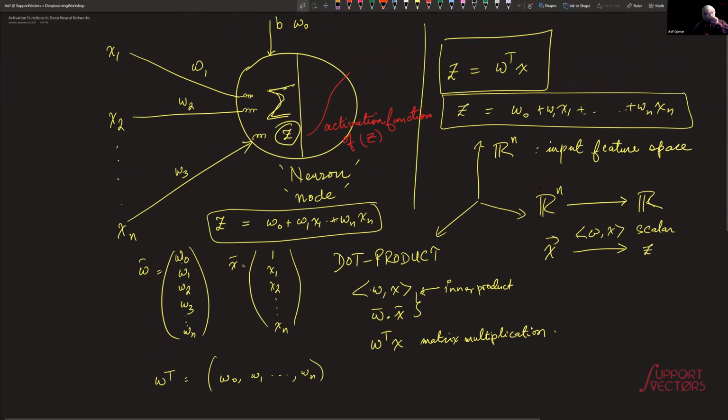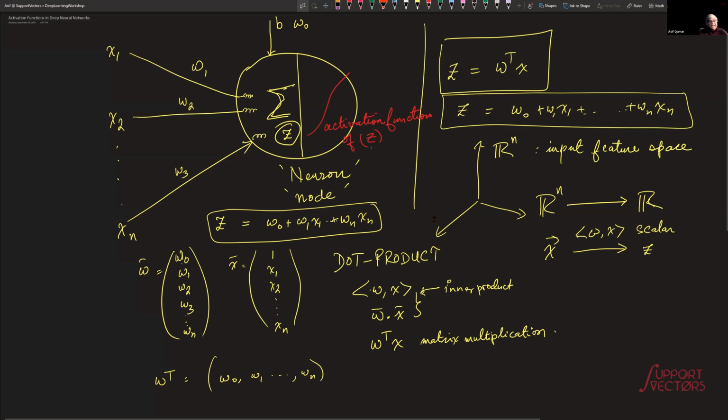Now, distortion function is a word that I use. People don't use that. They usually call it activation function, or another word, not more common, actually a less common word, is transfer function.